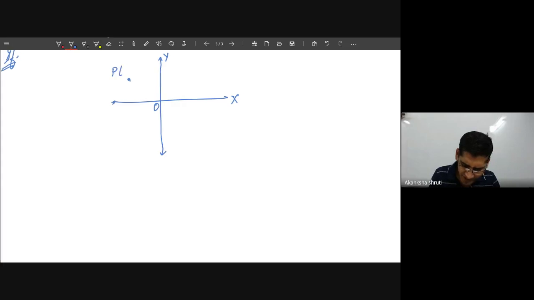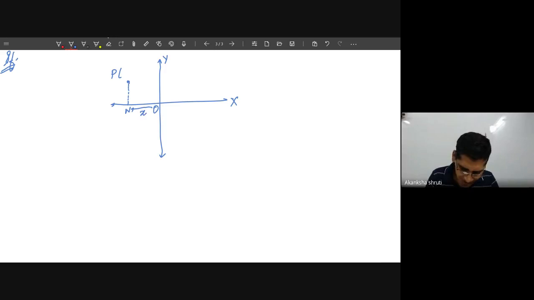Let us consider this x. At this time, x will be negative. Drawing the perpendicular from point P, let us call the foot N. Then O to N is like our x, and N to P is like our y, but here x is negative, so it is minus x, and y is positive.